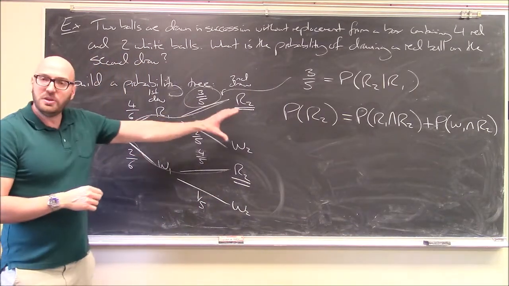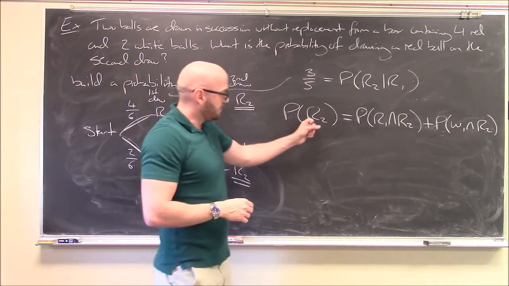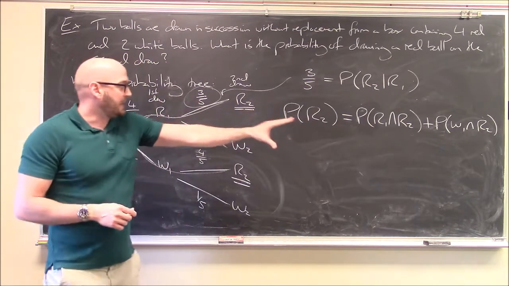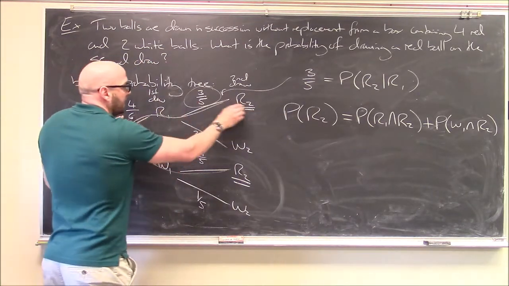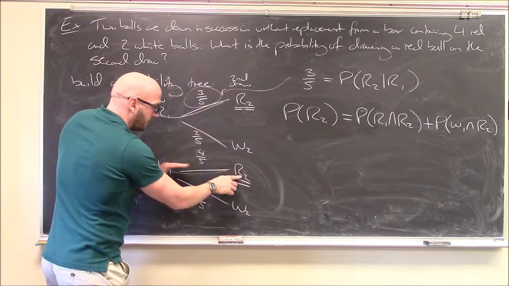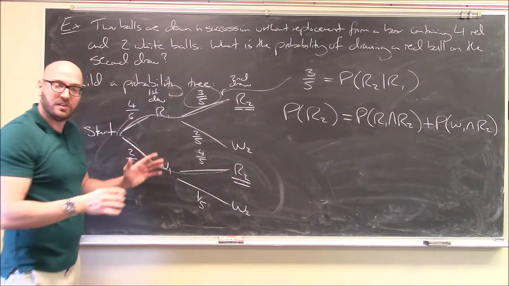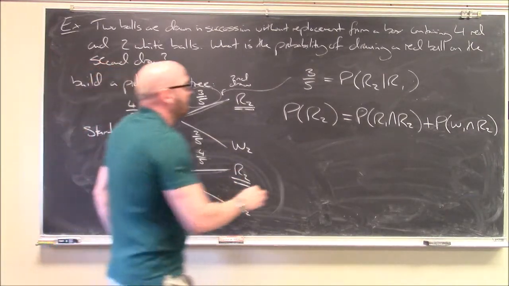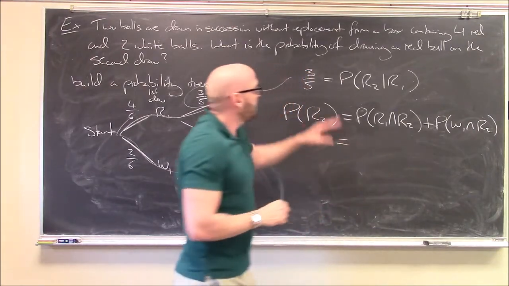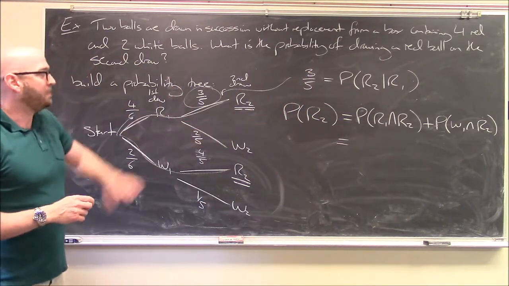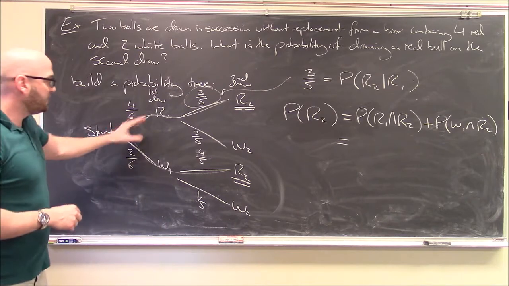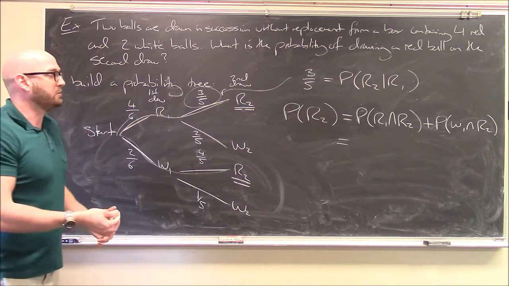Can you see that? These are two mutually exclusive events, so if I want the probability of drawing a red ball, I just have to add them together. I have to add the probability of drawing a red ball this way or drawing a red ball this way, because there's two ways to do it, so I just add them together. And now how do I compute the probability of these two intersections? So R1 intersect R2, here's where the product rule comes in.